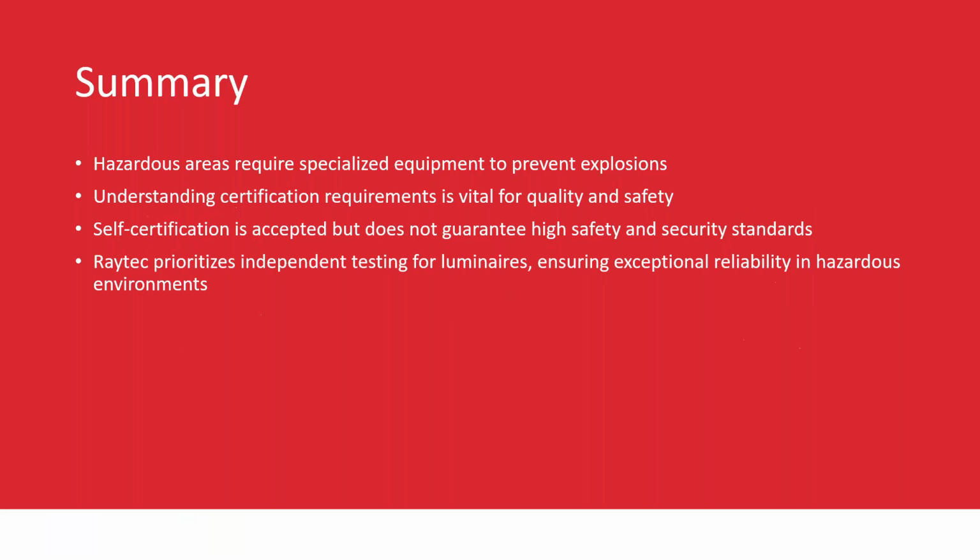So, in summary, to recap, when specifying equipment for use in hazardous areas, end users should choose equipment based on the specific requirements of the site. It's important that end users are aware of these key considerations when specifying. 1. The zone you are specifying in, so you can specify the most appropriate equipment. 2. Where the products are being installed and the certification requirements to ensure the product is compliant with the necessary regulations. 3.